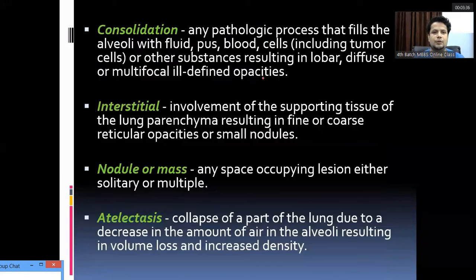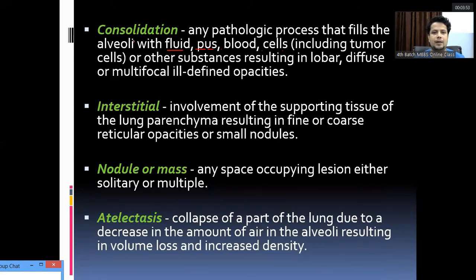So coming to the consolidation, consolidation is any focal process that fills the alveoli with fluid, pus, blood, or cells, including tumor cells, and other substances, resulting in lobar, diffuse, or multifocal ill-defined opacities.